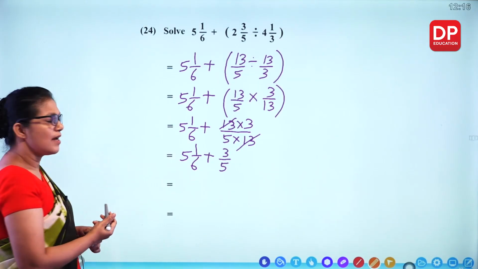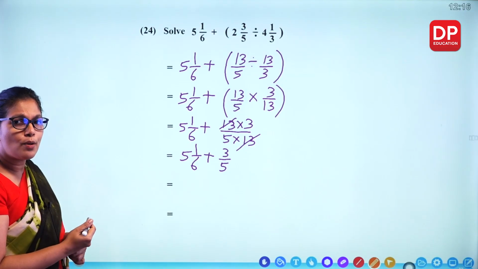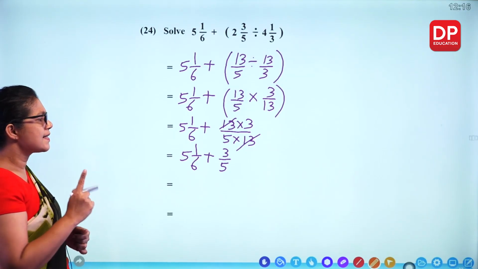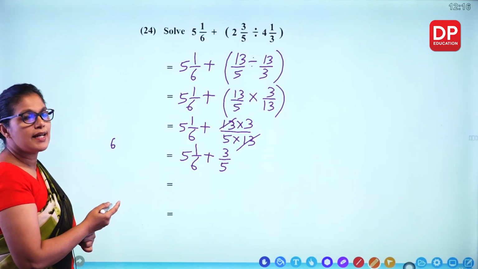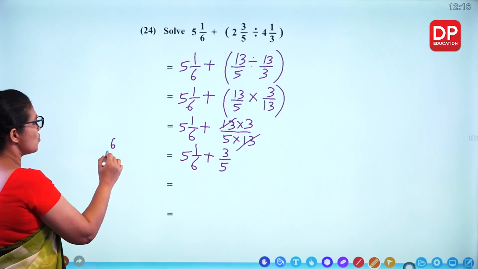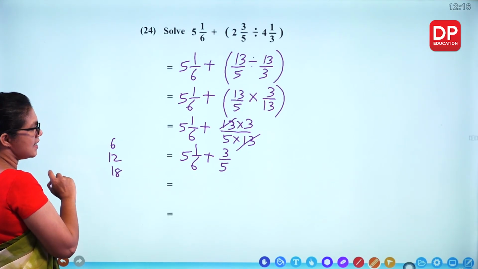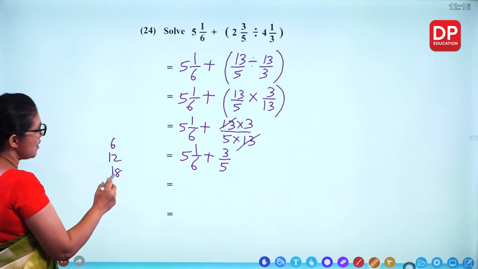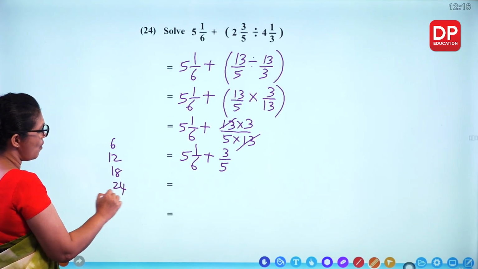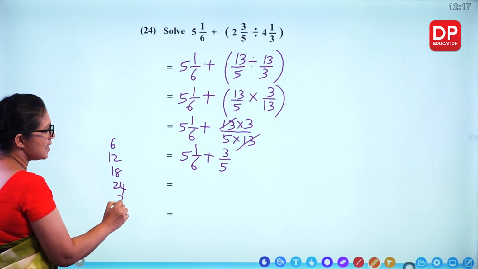You get 5 1/6 plus 3/5. Now the denominators are different, so you have to take the lowest common multiple. 6 and 5. 6 is the largest number, but it's not divisible by 5. 12, no. 18, again you can't divide by 5. 6 times 4, 24, you can't. 6 times 5, 30, you can divide.